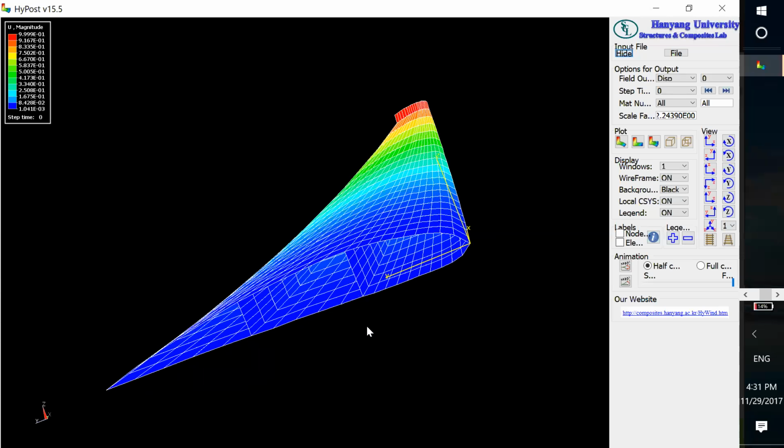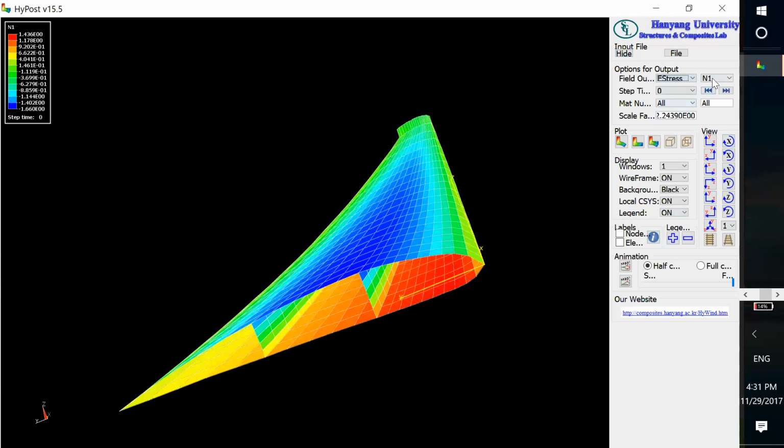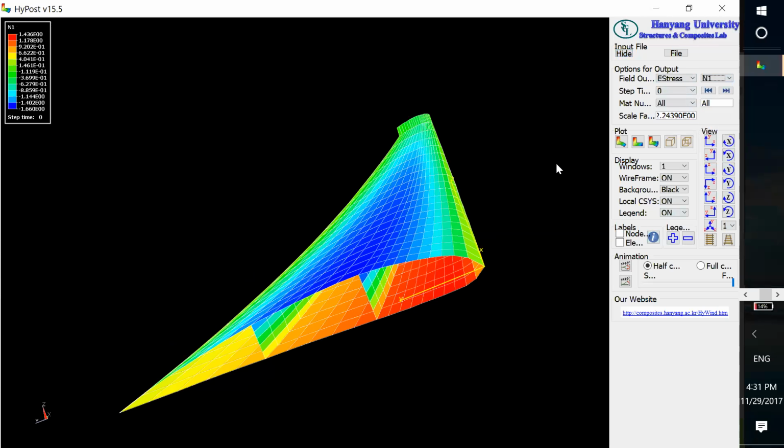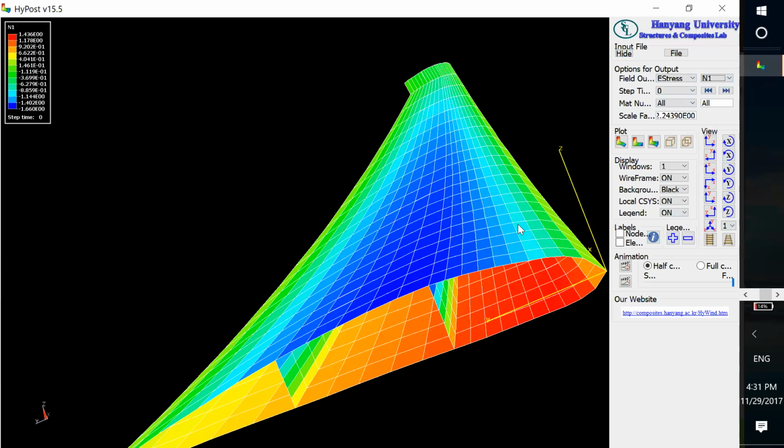Another point I want to emphasize, as I mentioned, is that this is N1. What is N1? N1 is the bending stress, bending stress multiplied by thickness. That's why the top skin, what happened? Top skin: compression, right?